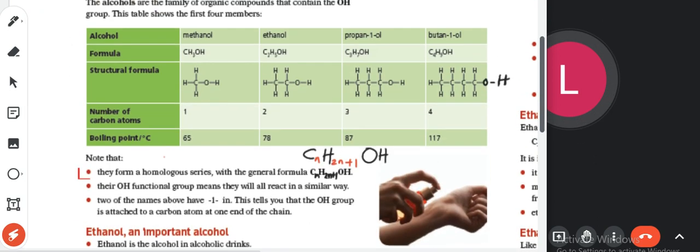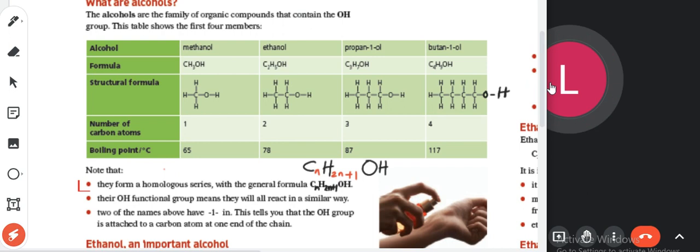This is the structural formula of propanol, or propan-1-ol, where the OH is attached to the last carbon, the first carbon atom from the right. They all belong to the OH functional group. And this is butanol. In fact, this is actually propan-1-ol because of the position of the OH bond with carbon.